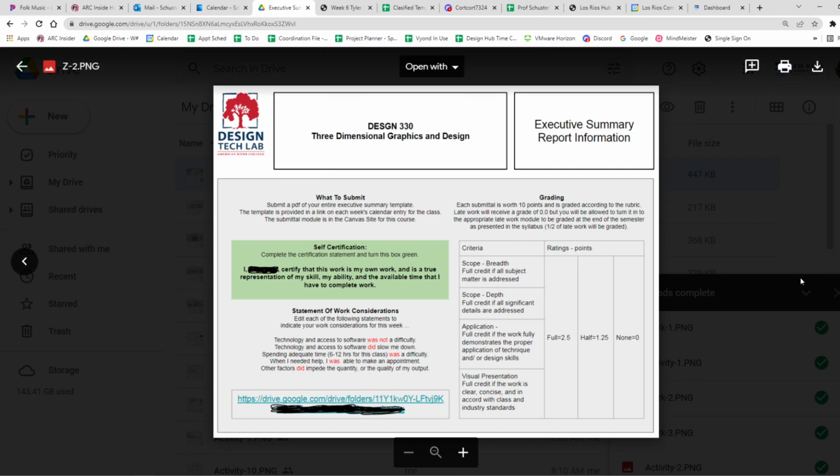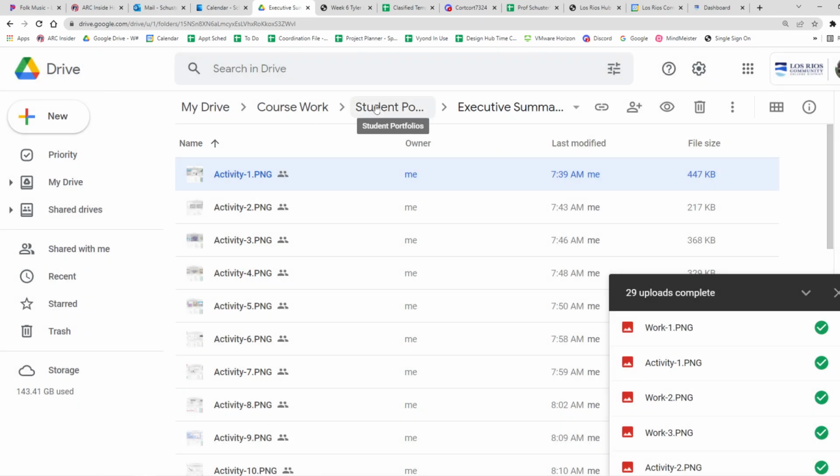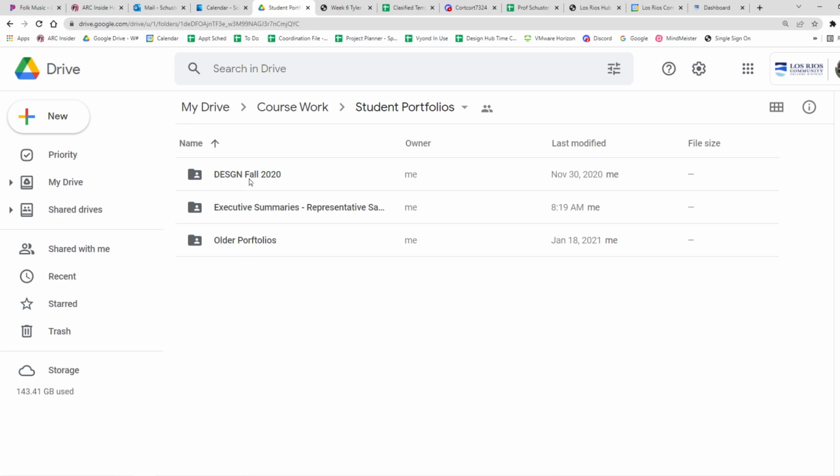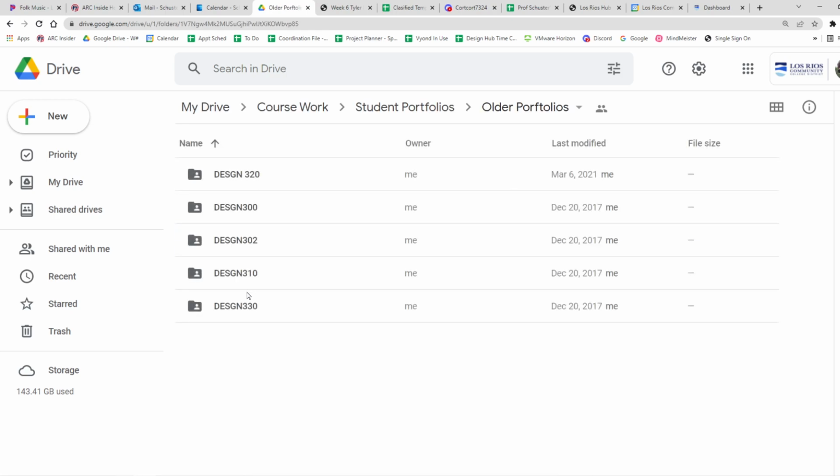That is a little review of representative samples that you might be able to find. I'll put a link into here. Here are some nice portfolios if you're interested in what people's final portfolios look like throughout these classes, particularly for those of you in Design 330 or Design 320.